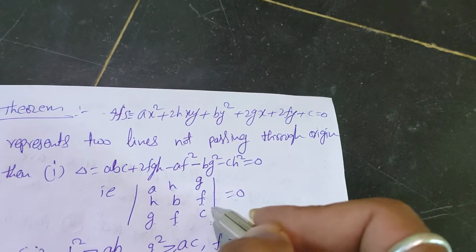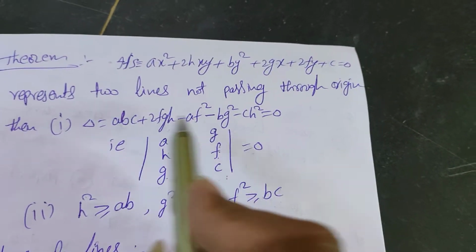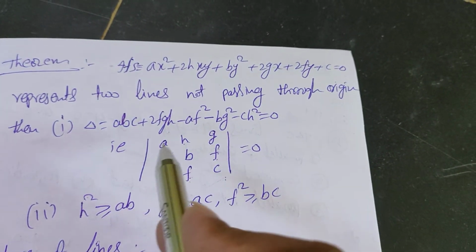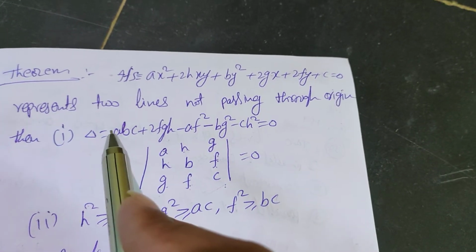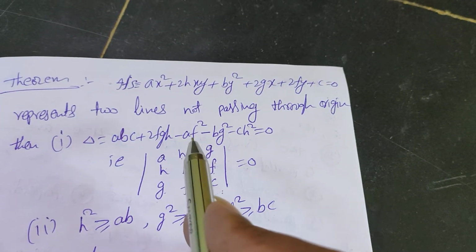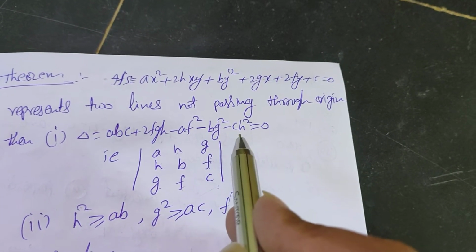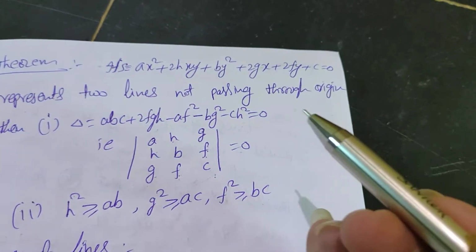If you remember like that, you can remember it for a long time. This is the short form. If you expand this determinant, you know how to expand, you get the same answer. So try to learn by heart this expression, abc plus 2fgh minus af square minus bg square minus ch square is equal to 0. Read it 10 times, you may get it.